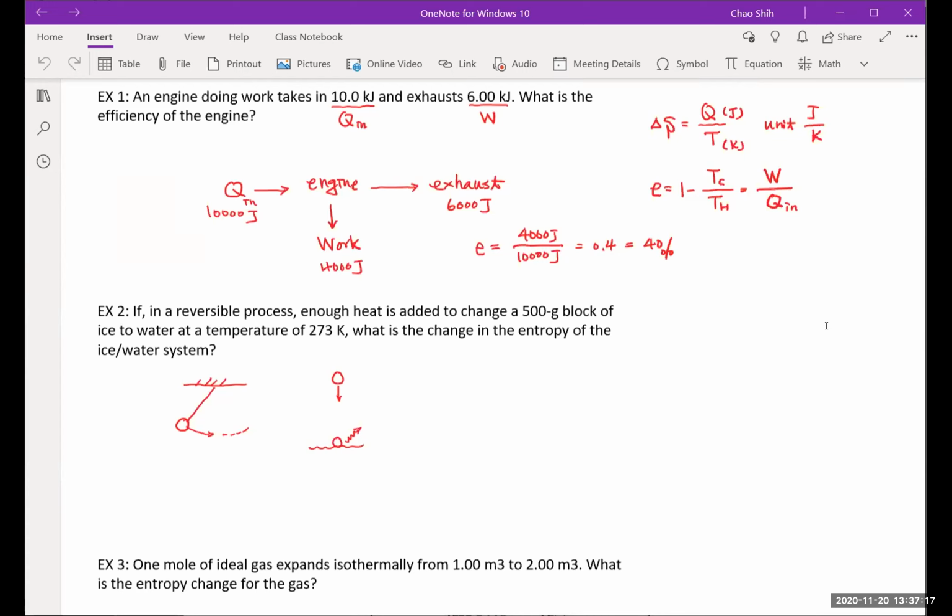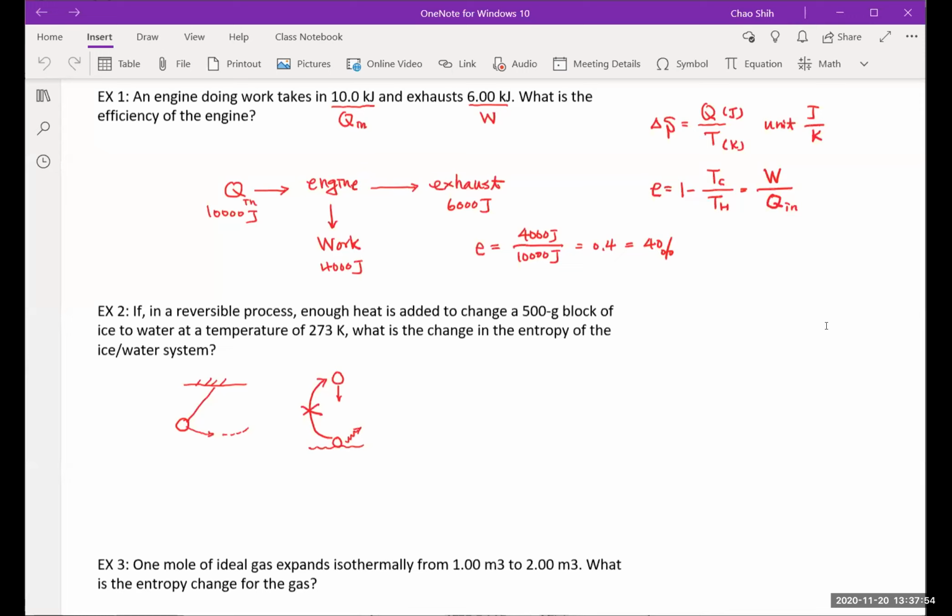It is not possible for things to return back to a certain height. This object will not go back to here. No way. An object will not have energy, then go back to high altitude by itself and release the heat. So it's not possible. So this is the irreversible kind of situation.